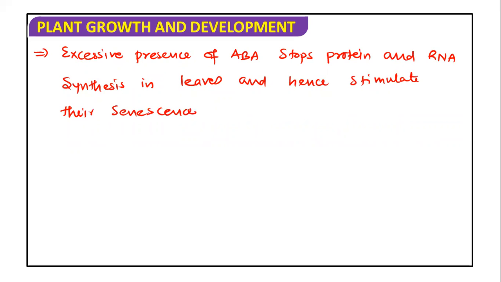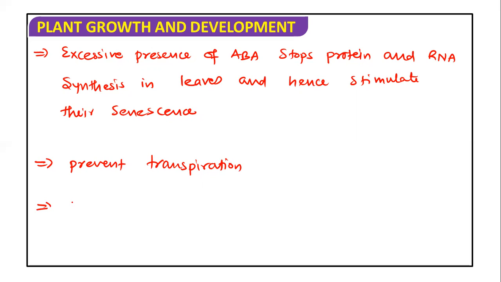Actually, leaf fall is promoted by ethylene, but leaf abscission is also caused by excessive presence of ABA. Apart from this, as we have discussed, it closes the stomata, so it prevents transpiration by closing stomata.